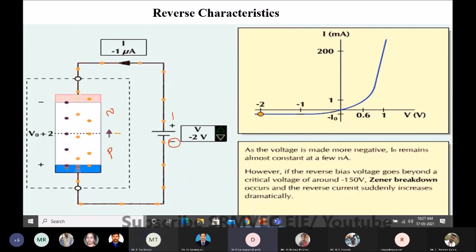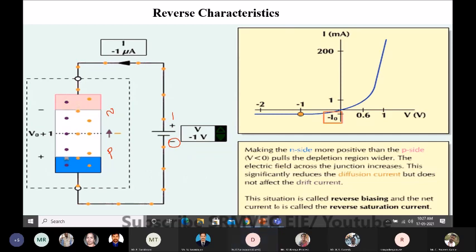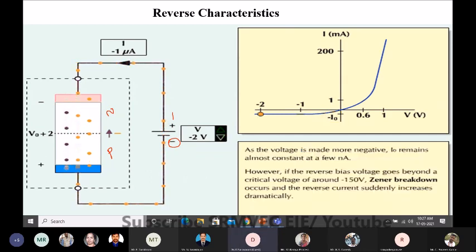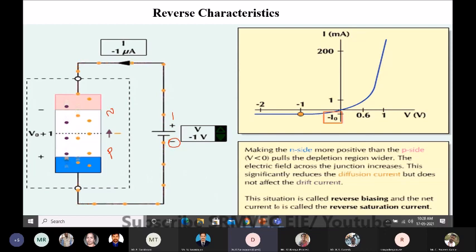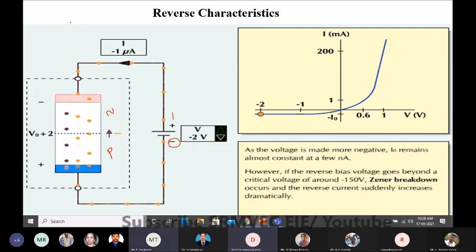What will happen with this arrangement? That is what we call reverse biasing, connecting the supply terminals to the opposite type of material. It will make the barrier potential increase.